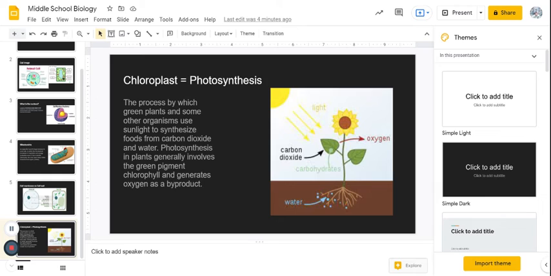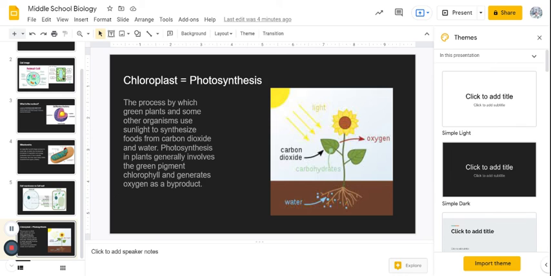One of the reasons why people say do not cut down trees and plants or burn them is because they make something for us that we need to live. They take in the substance that we don't need, which is carbon dioxide. We breathe it out. They take that in in exchange for oxygen. They take in carbon dioxide and they let out oxygen.